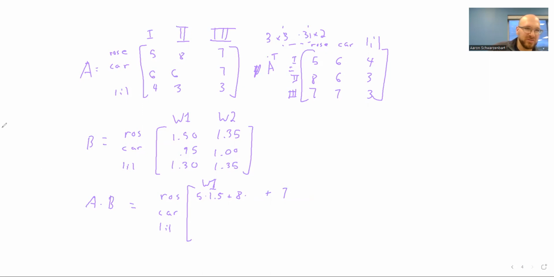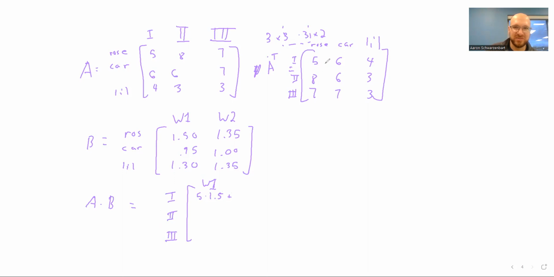So arrangement 1, so when I do row 1, I get roses. Yeah, that's what's happening. So this can give me the cost for number 1, for number 2, and the cost for number 3 from each of the two wholesalers.